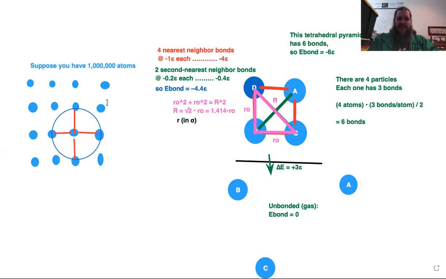So a typical atom in this cluster has 4 nearest neighbors. And each of those would be at an energy of negative epsilon.